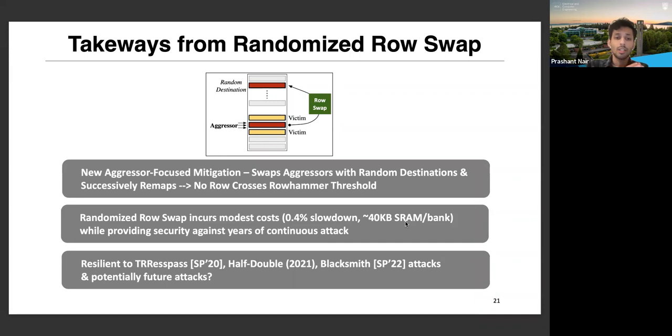We show that randomized RowSwap incurs modest costs, 0.4% slowdown and 40 KB of SRAM per bank, while providing security against years of continuous attack. Third, it's resilient to newer attacks such as Half-Double, Blacksmith, TRRespass, and potentially even future attacks that exploit complex patterns, as it breaks the spatial correlation between the aggressor and the victim rows.